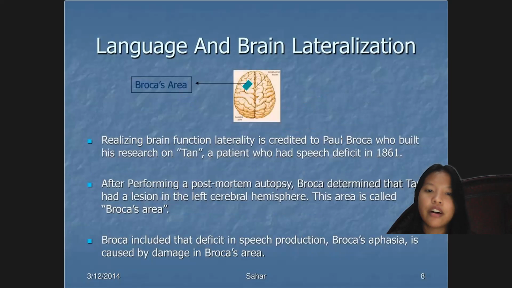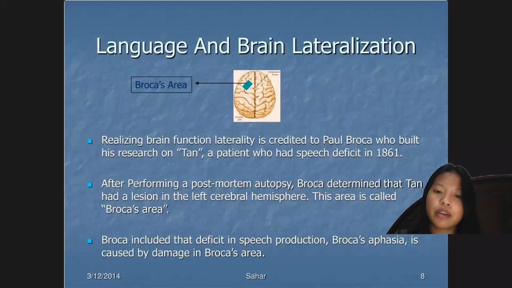Okay, next, regarding brain function laterality, it is credited to Paul Broca, who built his research on Tan, a patient who had a speech deficit in 1861.